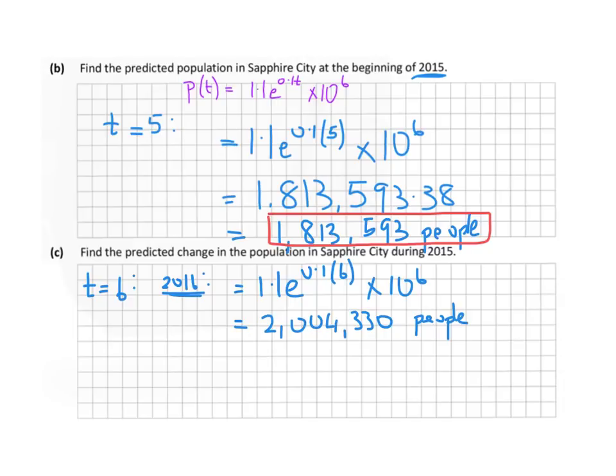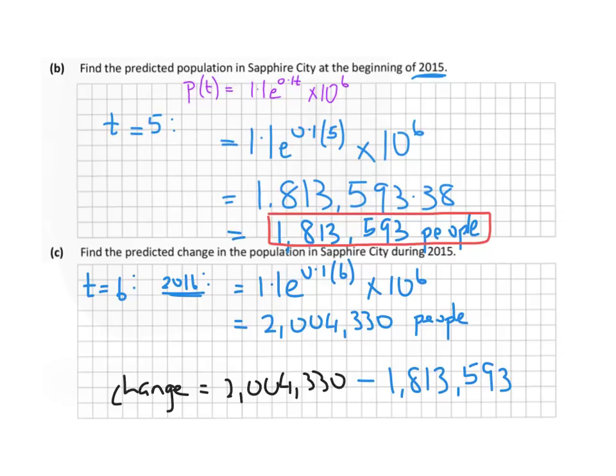So to find the difference, the change is equal to that 2,004,330 minus our answer from the beginning of 2015, 1,813,593, and so that gives us a predicted change in 2015 of 190,737 people.